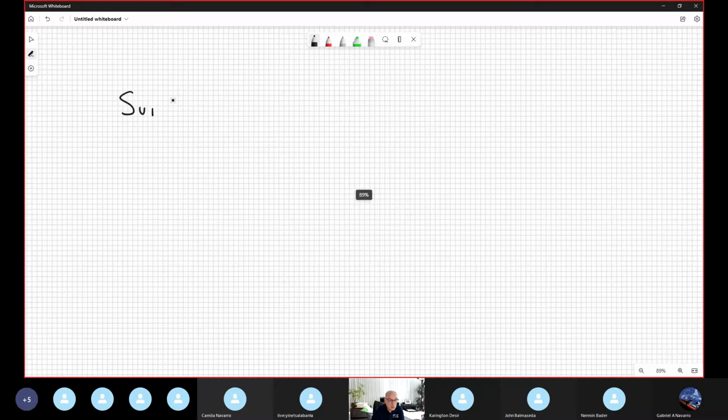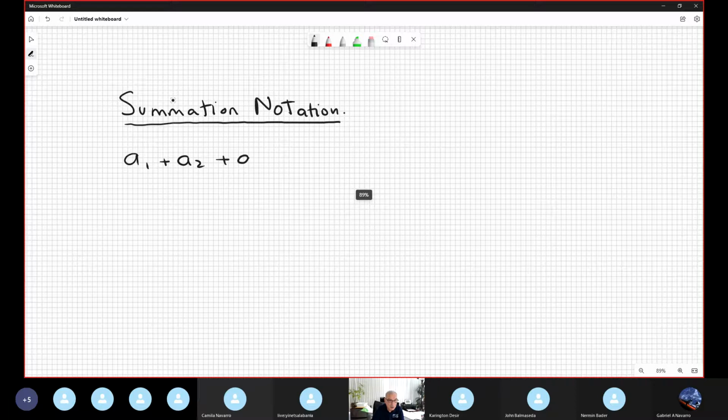Summation notation. Very useful in calculus. When you have a sum, suppose you have a1 plus a2 plus a3 plus that, and this continues, not forever, up to plus a20.